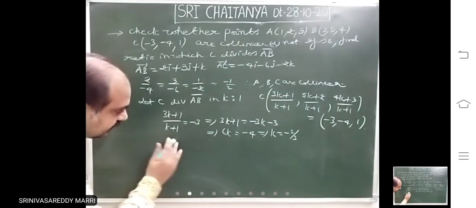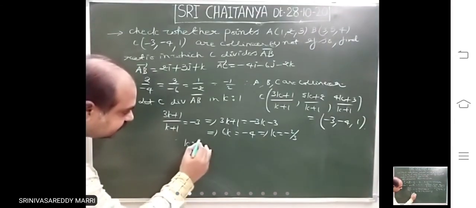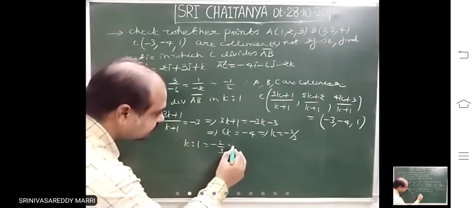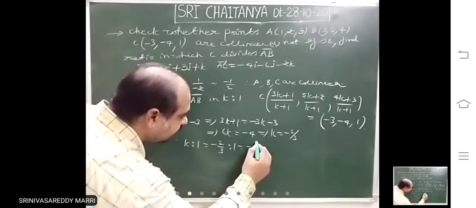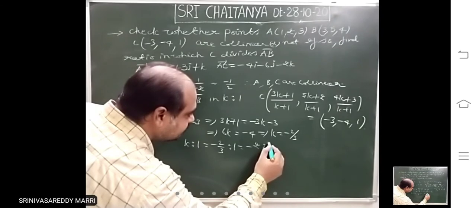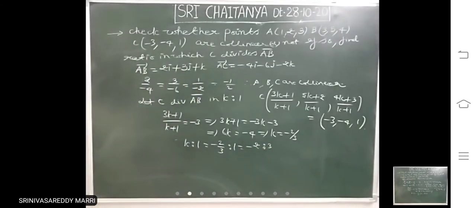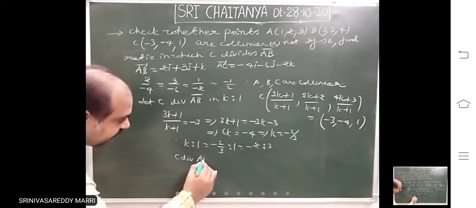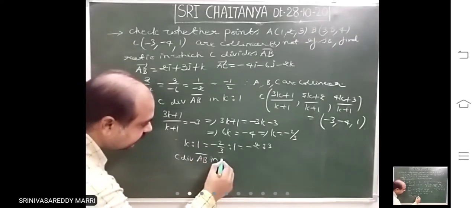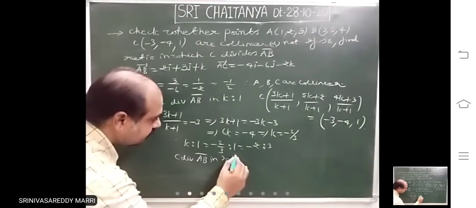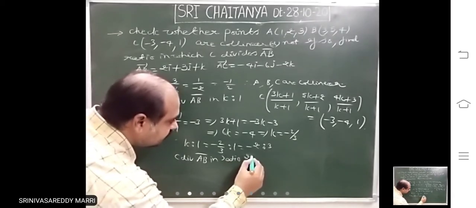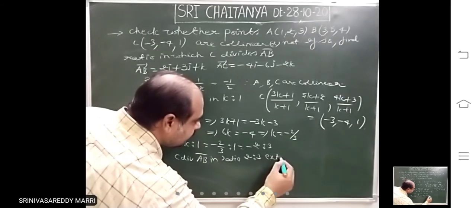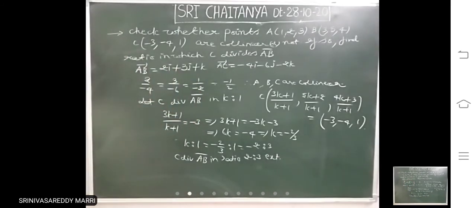That means the ratio k is to 1 is nothing but -2 by 3 is to 1, that is -2 is to 3. That means C divides AB bar in the ratio 2 is to 3 externally.